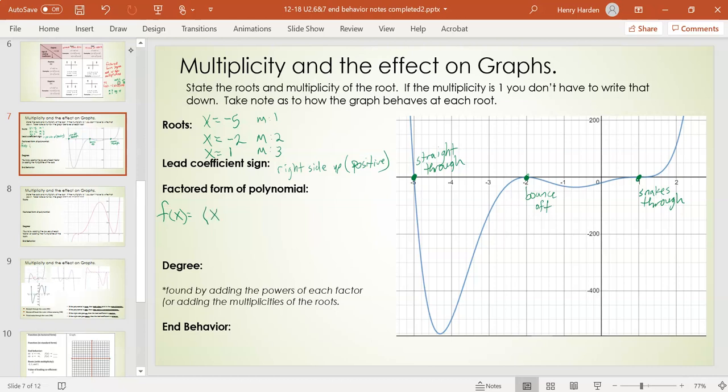We have a root of -5, so it's going to be x plus 5. We have a root of -2, so x plus 2. But because the multiplicity is 2, we have to put that there. And then the last one is x minus 1 because the root is positive 1, but the multiplicity is 3. And then the degree for this is 6 because we add up the multiplicities.